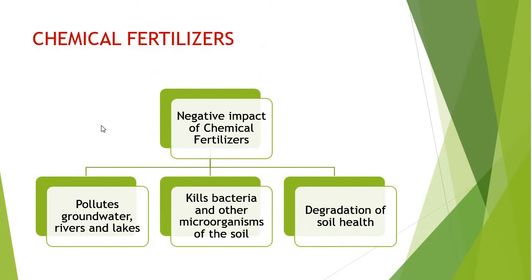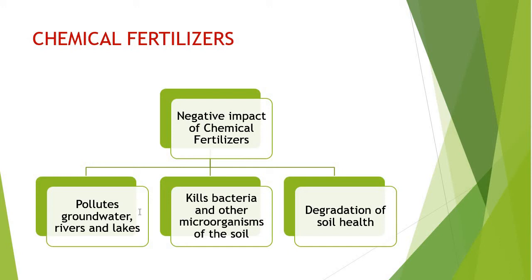Now chemical fertilizers were used. There are certain negative impact of chemical fertilizers. The first one is it pollutes groundwater, rivers and lakes. Whatever chemical fertilizer was used, it was not held up by soil for a longer period of time.